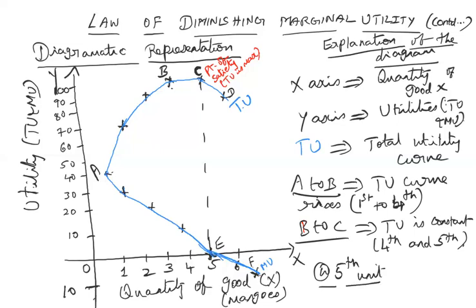The total utility is maximum. If you have to put it in words, the consumer gets maximum satisfaction when he is consuming the fifth unit.